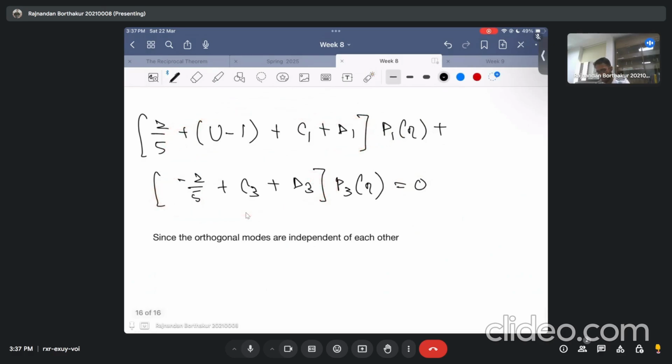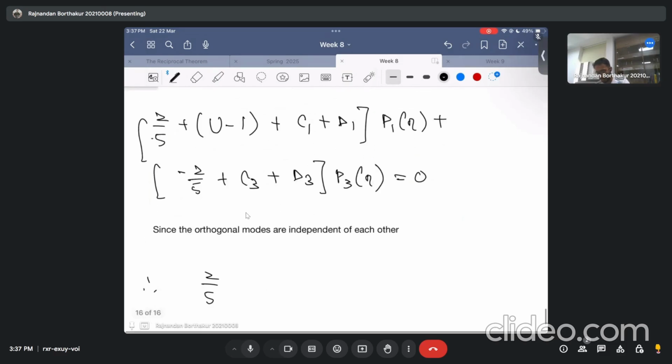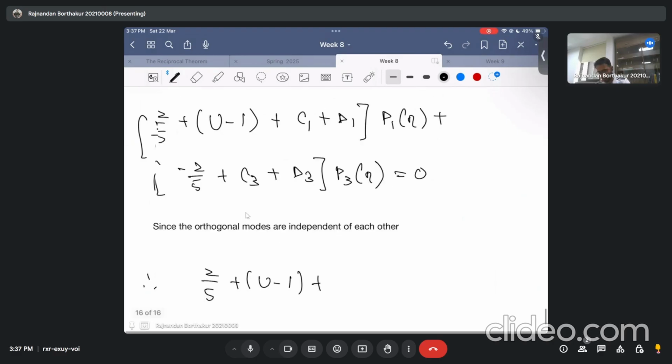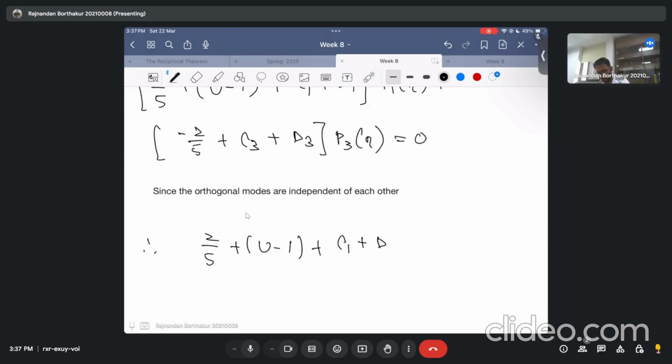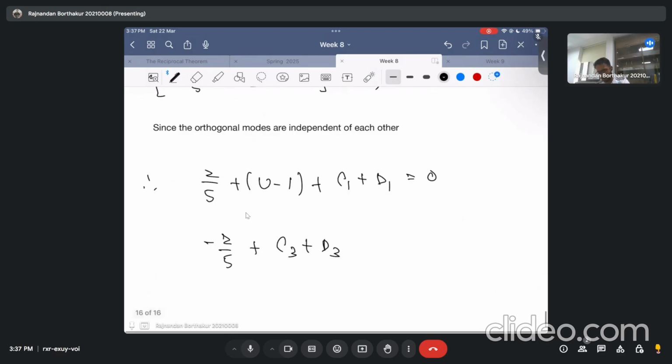Therefore, I have two conditions here: 2 by 5 plus u minus 1 plus c1 plus d1 is equal to 0, and minus 2 by 5 plus c3 plus d3 is equal to 0.